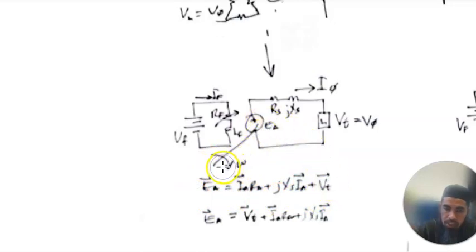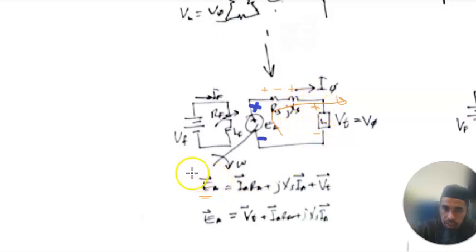So the shaft rotates, it will generate EA. This is your positive, negative, and the current will flow out to your external line here. That's why we have EA, which is your source, equal to whatever drops across your RA, that is IA RA, across your jXS IA, and across your VT.